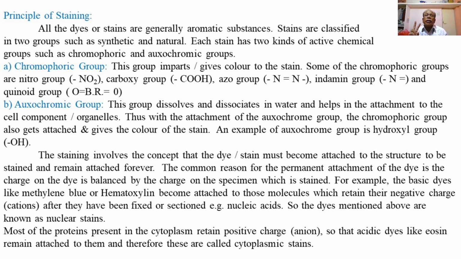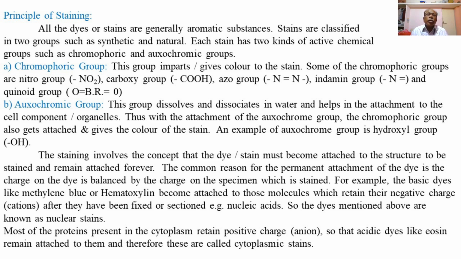So stains may be synthetic, may be natural, and each stain has two types of active chemical groups: the chromophoric group and the oxochromic group. Chromophoric groups are the groups of the stains or the dyes which impart a particular color to the stain itself.